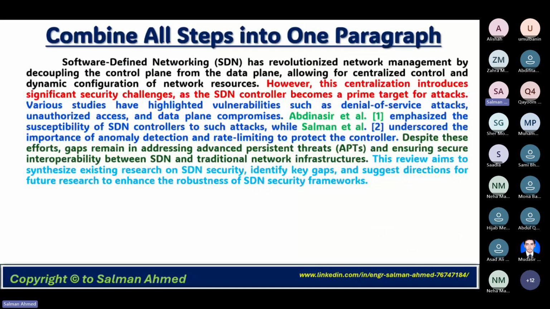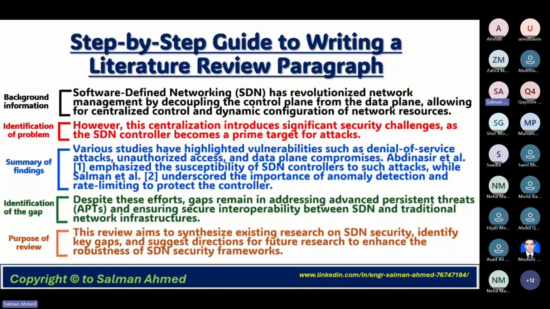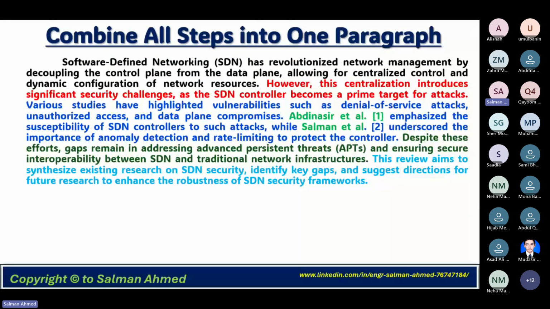So from this step by step writing, I wrote a complete paragraph which gives a comprehensive literature. Comprehensive literature means it discusses from the introduction to the final conclusion of that research article.